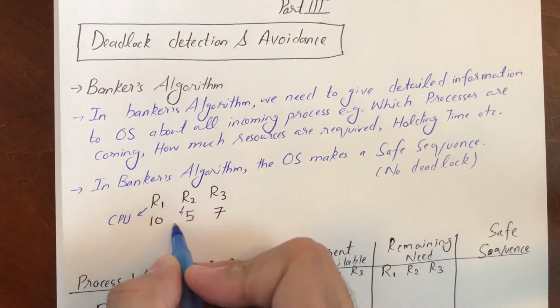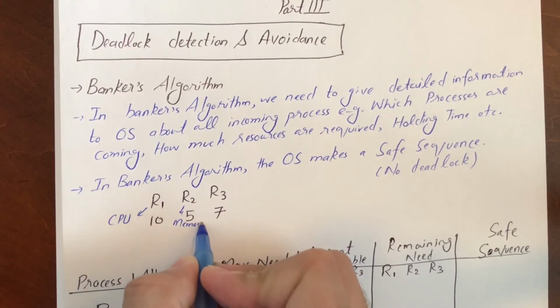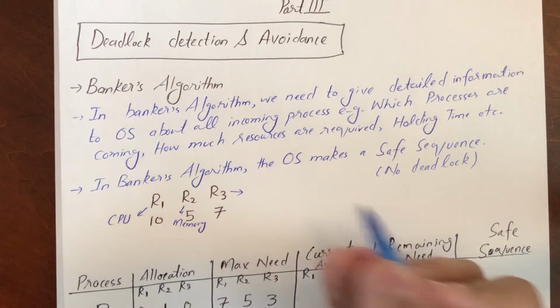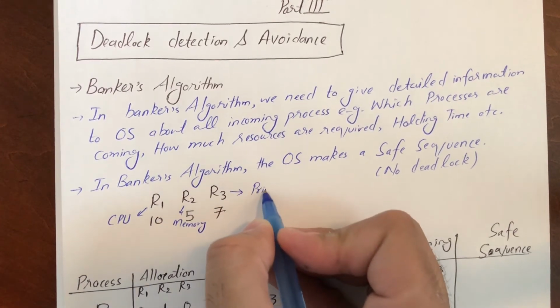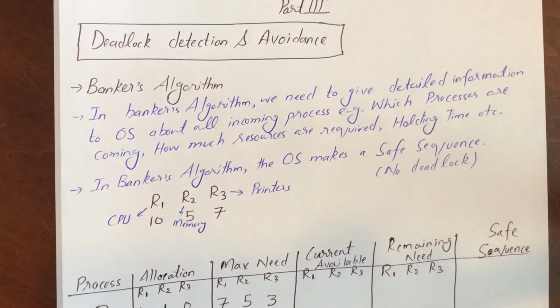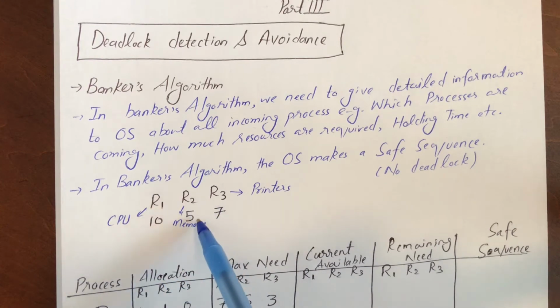R2 could be memory, for example, 5 main memory chunks. R3 could be a printer, I might have 7 printers. So I have 3 main resources, R1, R2, R3, with 10 instances of R1, 5 instances of R2, and 7 instances of R3.